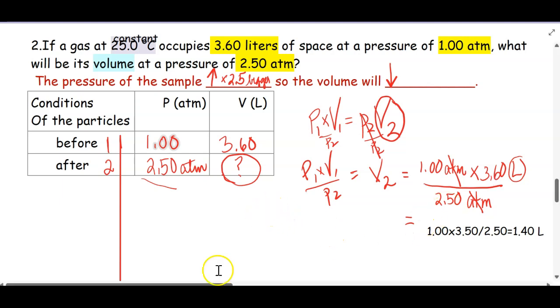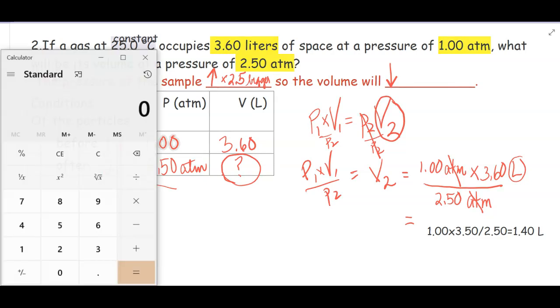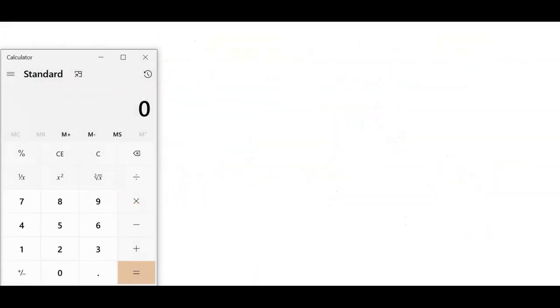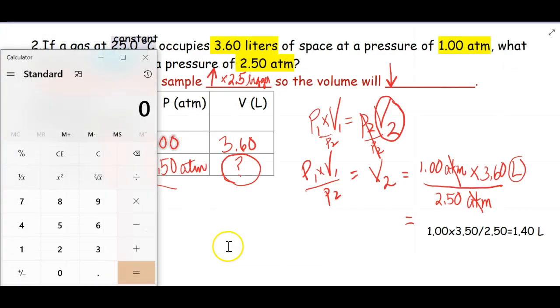Now, the question we asked before was, let me find my calculator. Whoops, here it is. I think I'm going to open Logger Pro too, and I didn't mean to.